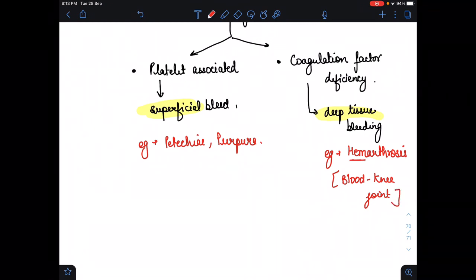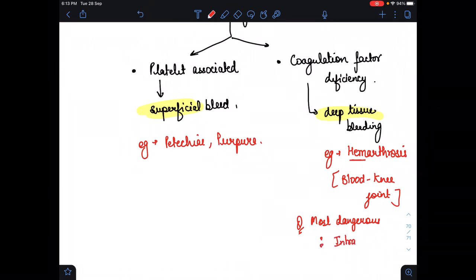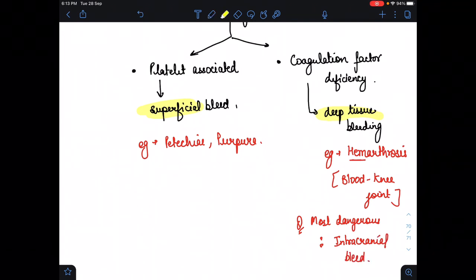My last question: the most dangerous bleeding is intracranial bleeding. Please remember it: intracranial bleeding is the most dangerous.